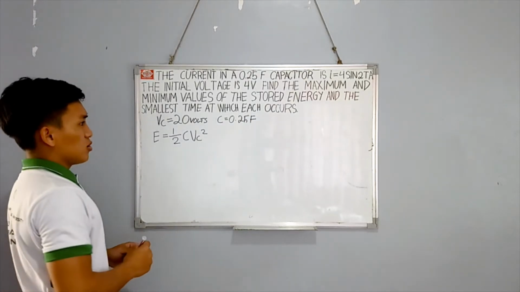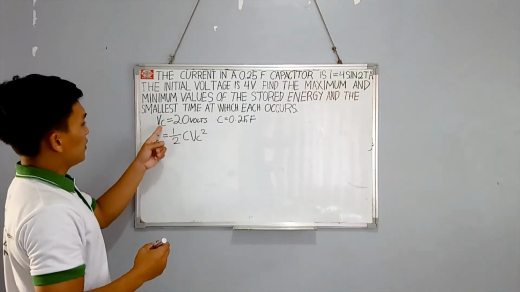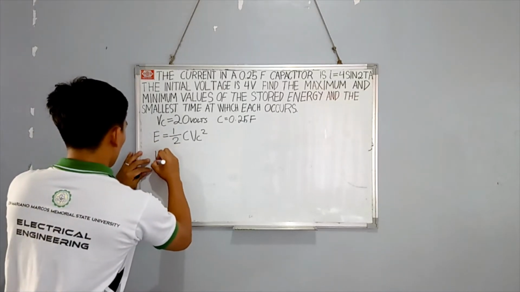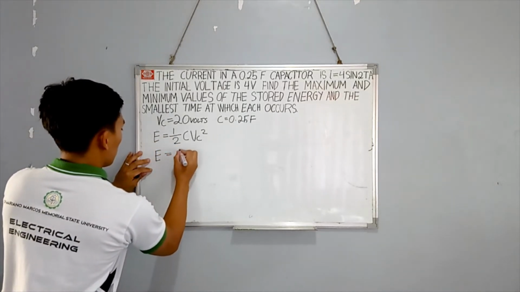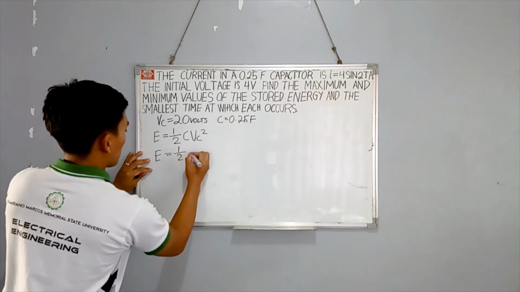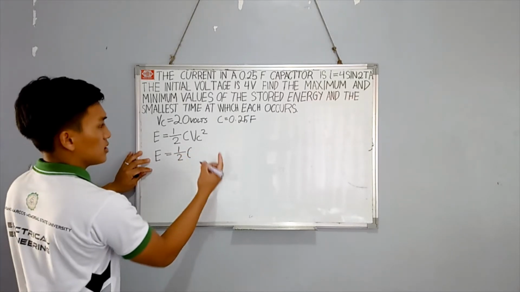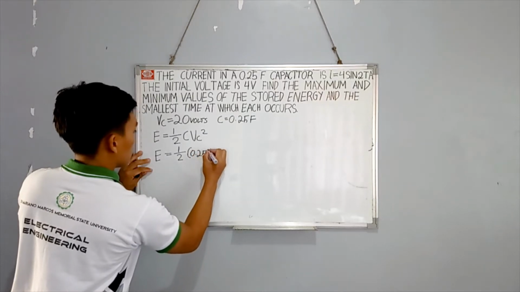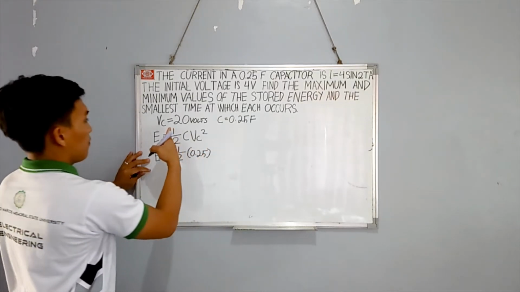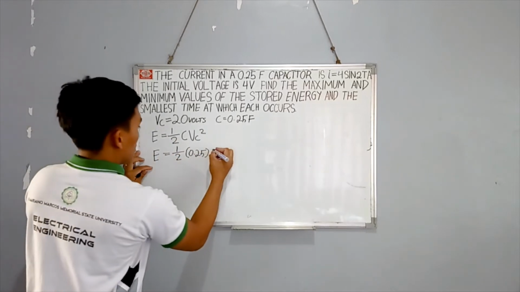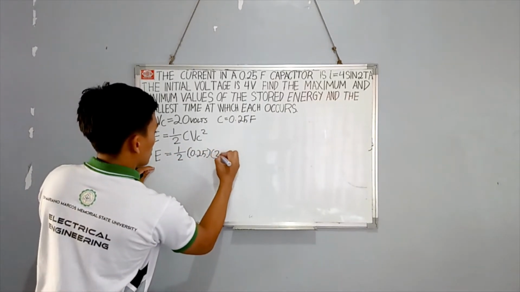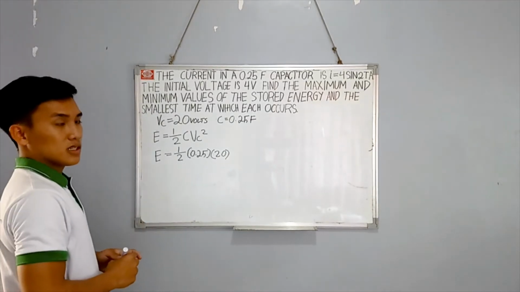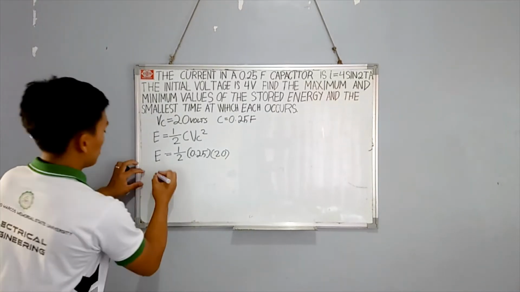Now we substitute the values of C and Vc into the formula. E = 1/2 times 0.25 farad times 20 volts squared, and the answer is 50 joules.